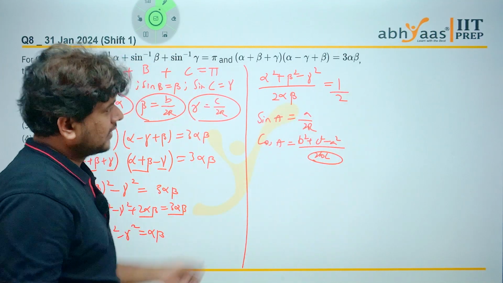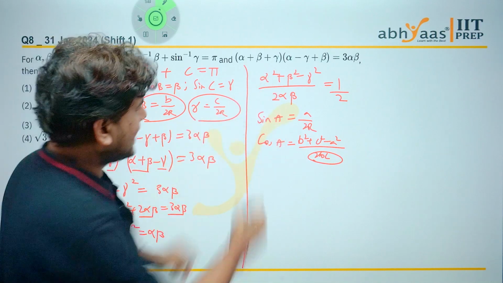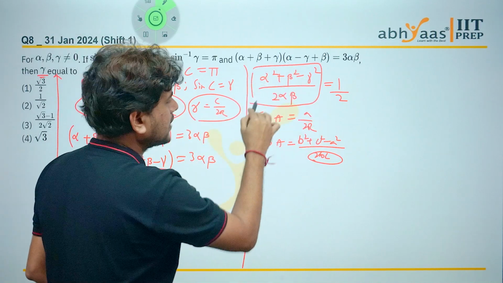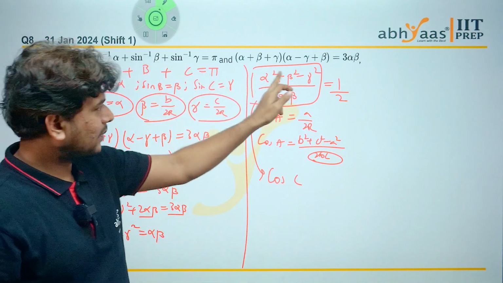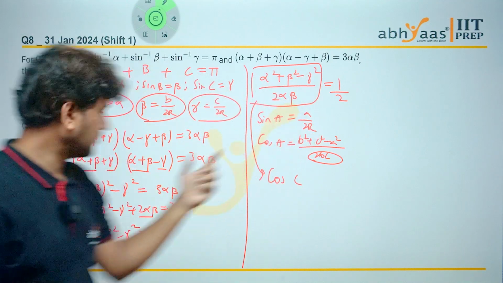So this can be written in cosine formula, that is cos C. Cos C says that a square plus b square minus c square by 2ab.